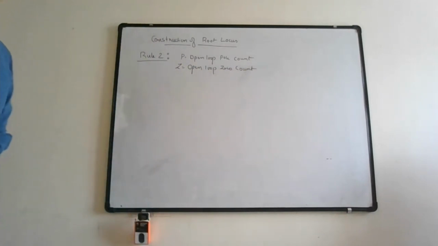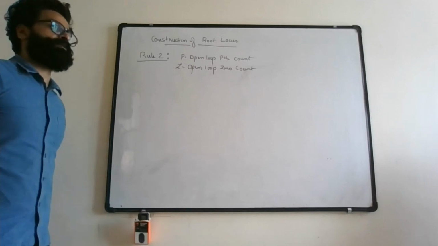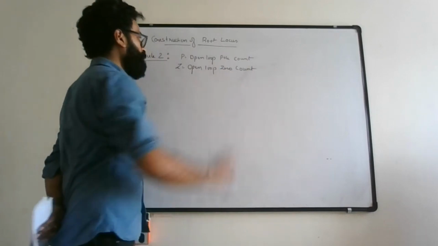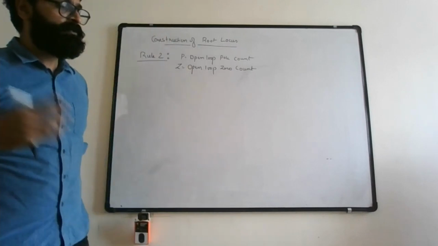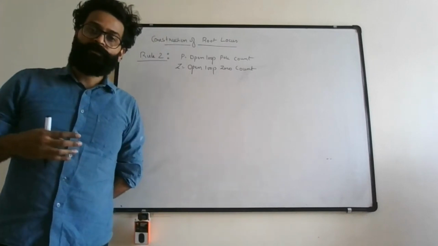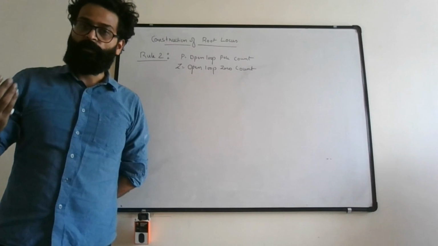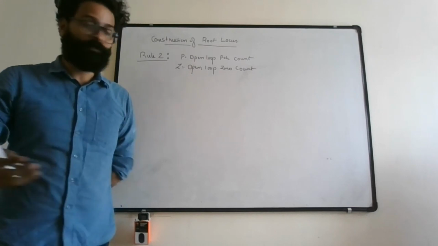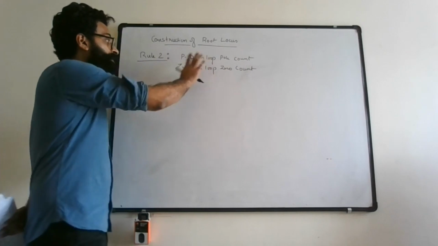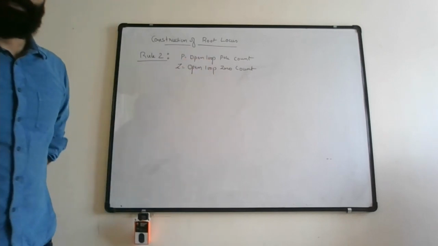What you have to do is, from the given open loop transfer function, count how many open loop poles and how many open loop zeros are there. You can include real poles as well as complex conjugate poles. Similarly, real zeros and complex conjugate zeros can be included while calculating P and Z.